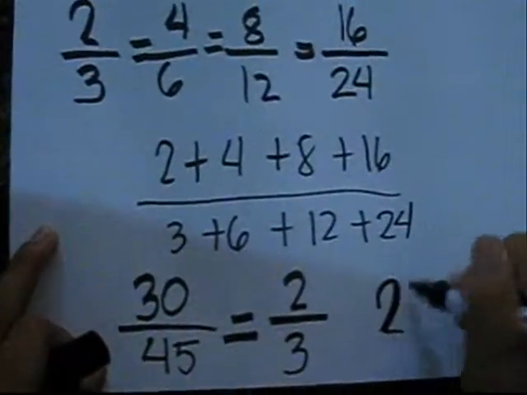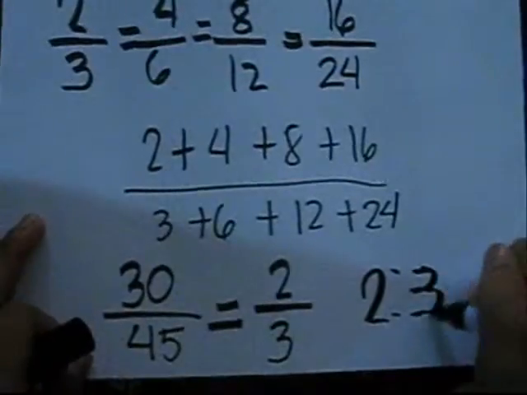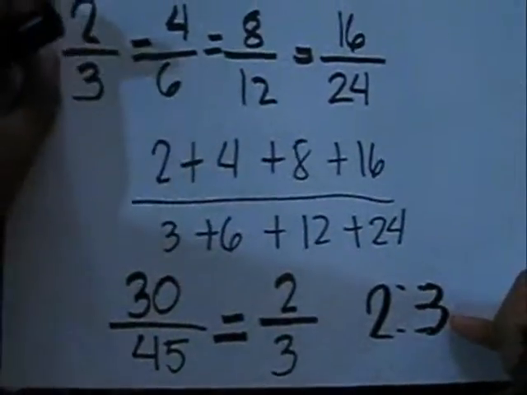This can be written as 2 is to 3, still the same with the first set of terms.